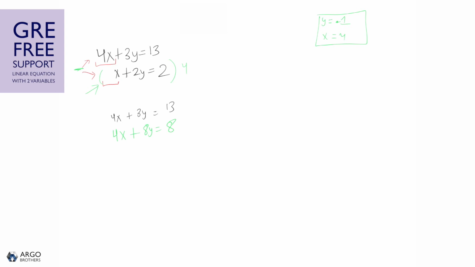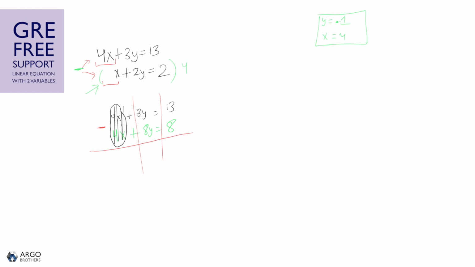Now, very important, what you're doing is subtracting the first equation from the second equation, and how you want to approach this is just solve it down vertically. And now, what do we have? Well, 4x minus 4x is just nothing. It's 0x, so it's nothing. So this completely cancels out.